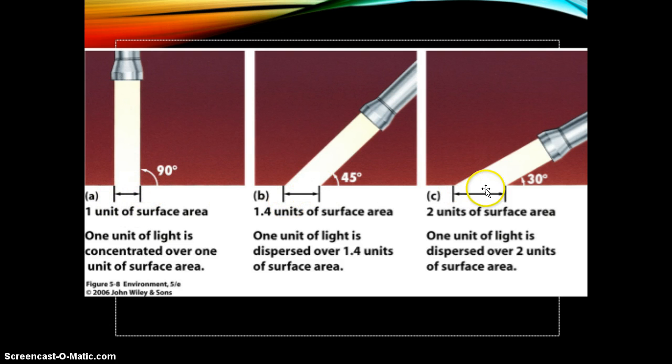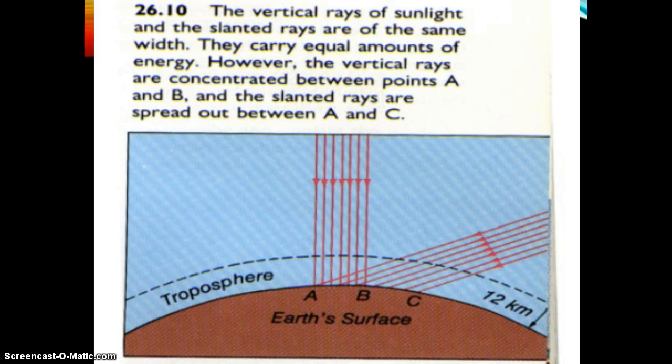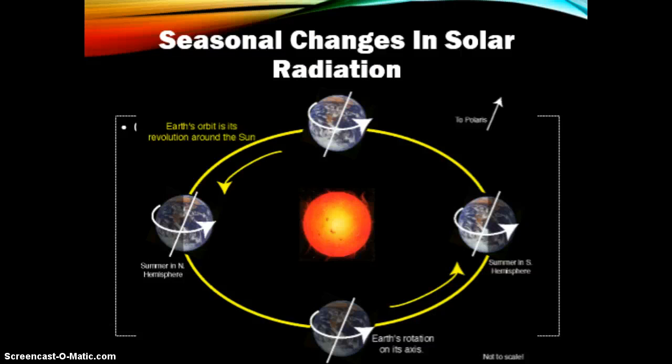And again, the greater the angle, the more the surface area spreads out, and that means that again the light is going to get less intense. So it's all about the intensity of the solar rays, and you can see that same idea here. Depending where you are on Earth at any given time, it's going to be spread out over different amounts of area, and that's going to change the intensity of the radiation.